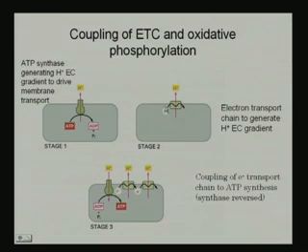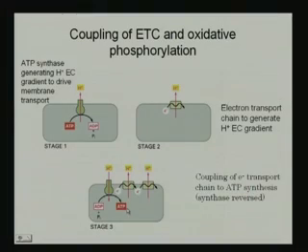When electrons are flowing, the protons are being pumped out from the inner mitochondrial membrane to the outer mitochondrial membrane, and in stage 3 this ADP and Pi is once again synthesizing ATP, electrons are flowing and protons are being pumped in the matrix, and ATP synthesis is taking place, what I have already mentioned in electron transport chain coupling with the oxidative phosphorylation process.